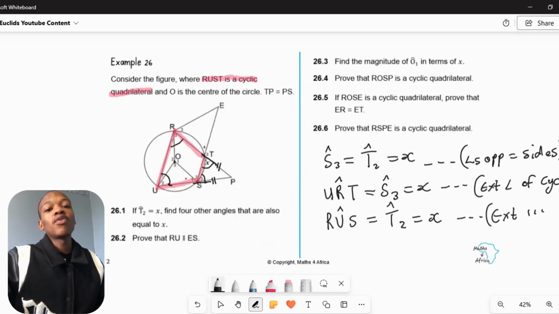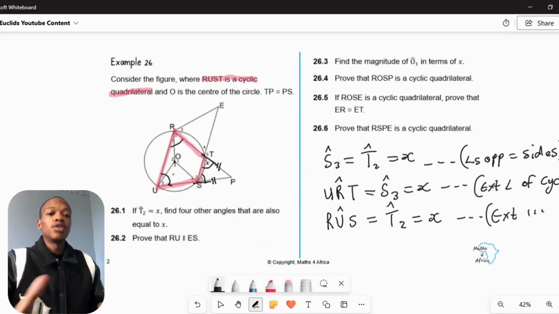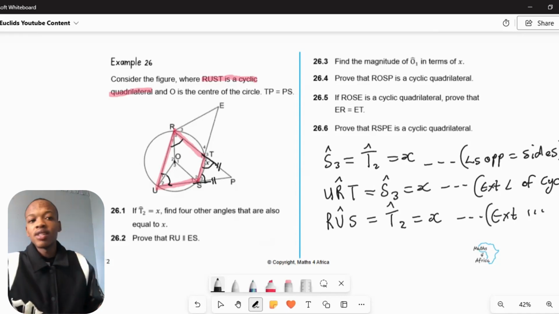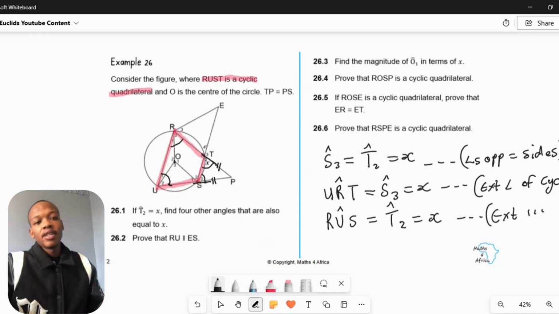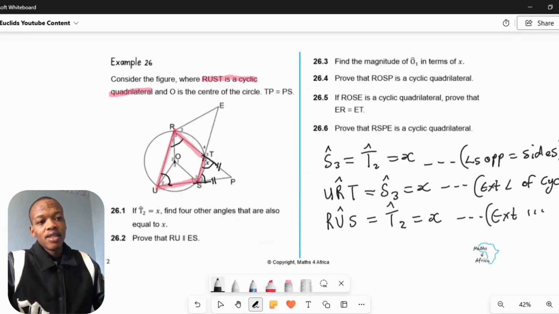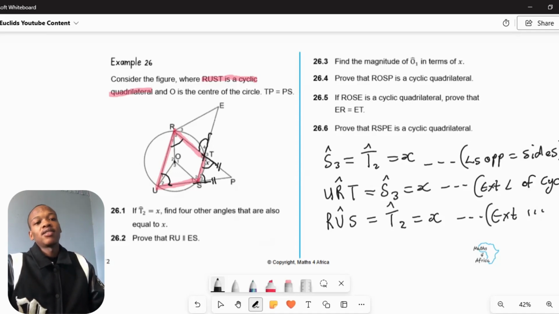Which one can we go for now? Which information haven't we used? Right, so now opposite angles aren't going to work. Again, exterior, or we can use vertically opposite. T4 is an exterior because we have a straight line passing by T. And also T4 and T2, they are forming an X. Can you see that X?